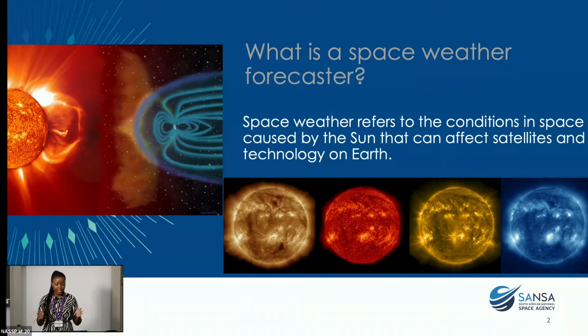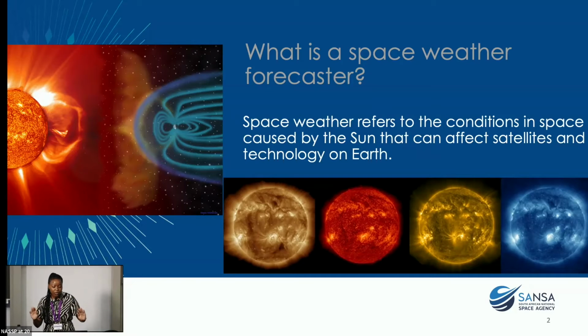So space weather refers to the conditions in space caused by our star, the sun, and how these conditions in space can affect satellites and technology that we have here on Earth. I'm privileged to have the task of monitoring the conditions of the sun and how these conditions can affect the systems we have here on Earth.